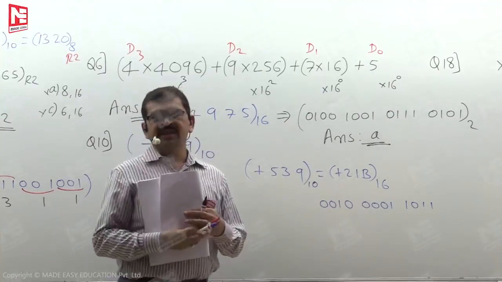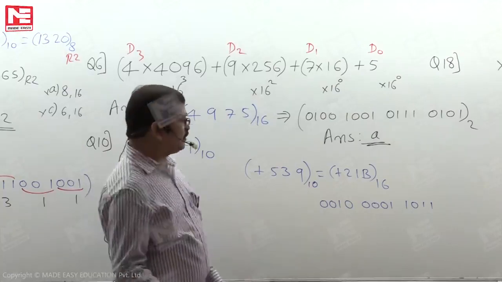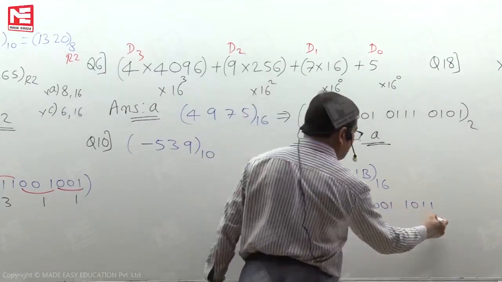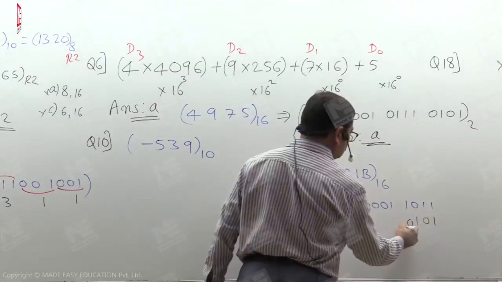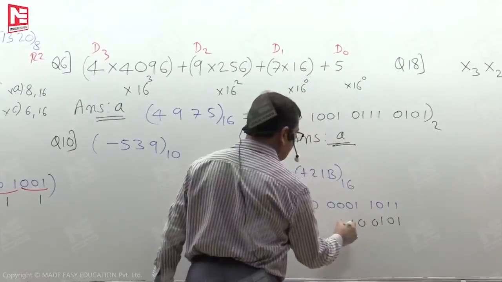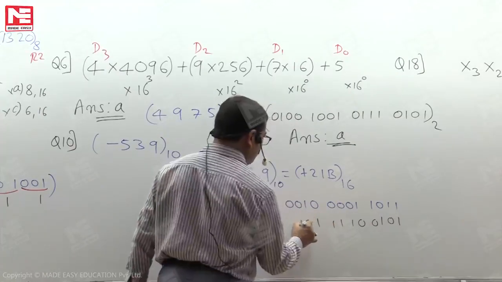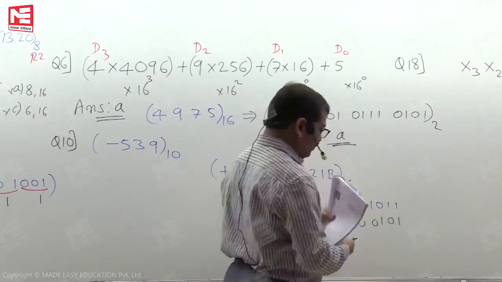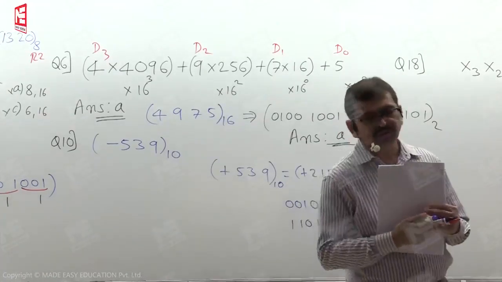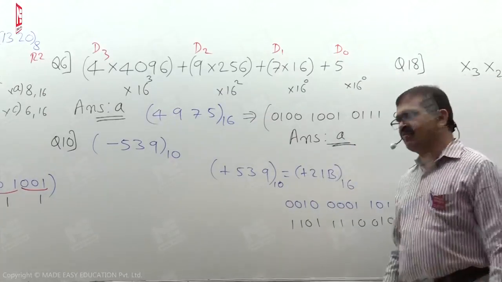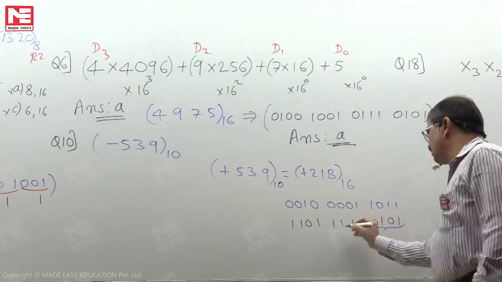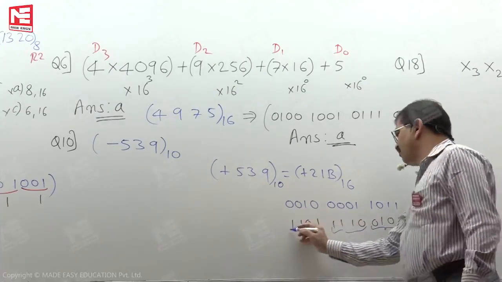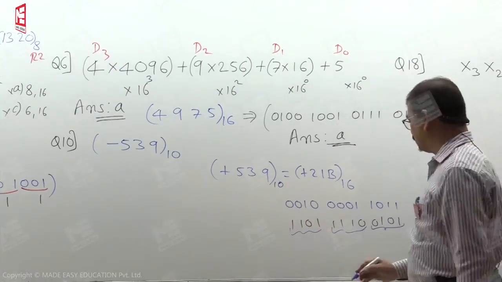Now for this, let us take the 2's complement operation. When we take the 2's complement operation for this, it will be 1, 0, 1, 0, 0, 1, 1, 1, 1, 0, 1, 1. Now this is to be read in the hexadecimal format. Hence we need to look at the hexadecimal equivalent for each group of 4 bits.